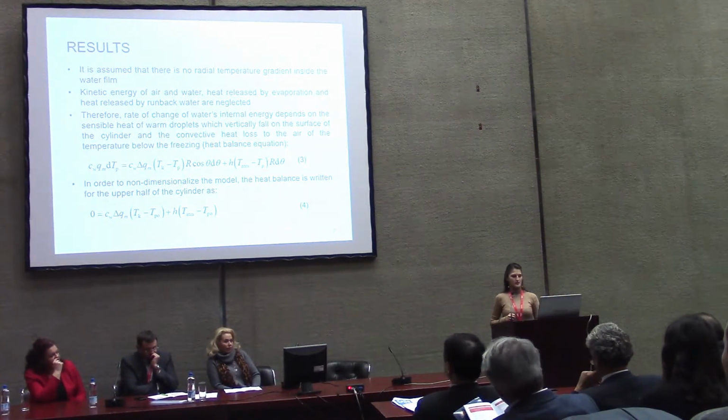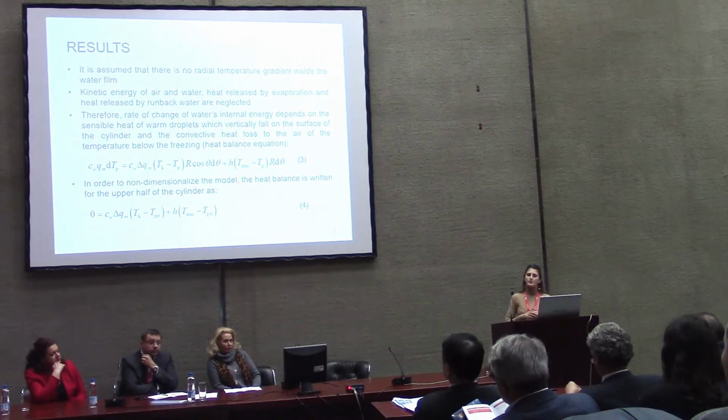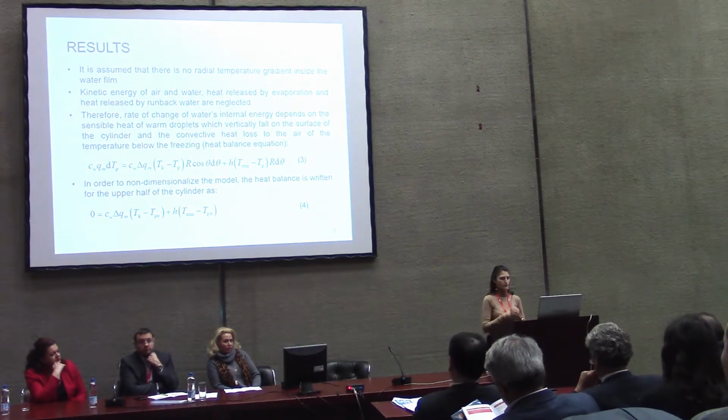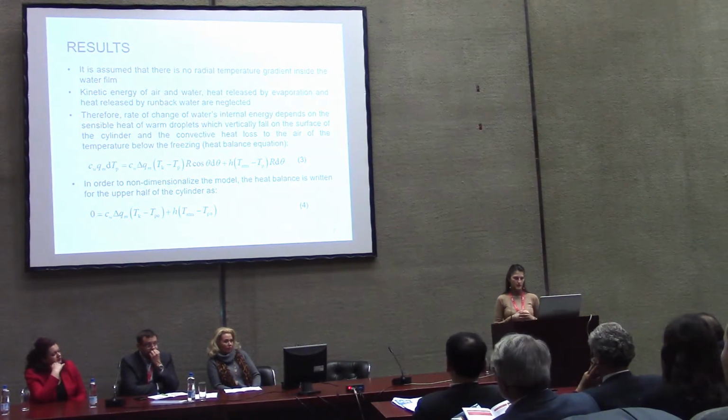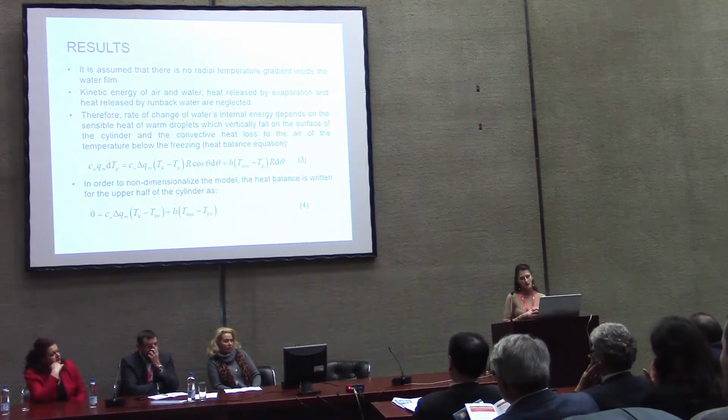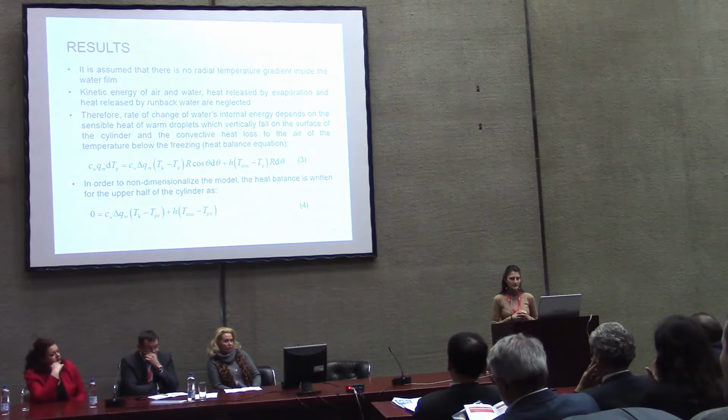Also, it was necessary to determine the heat balance equation. It is assumed that there is no radial temperature gradient inside the water film. Kinetic energy of water and air are neglected. Also, heat released by evaporation and heat released by runback water are neglected.